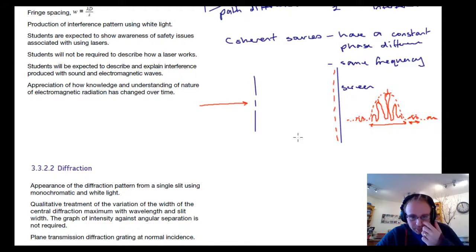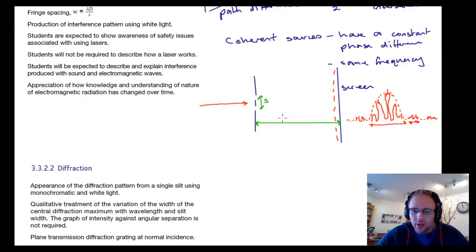So we're using a red laser, and we're shining it at two slits. The slits are separated by a distance we're going to call S. There's a distance between the slits and the screen, which we're going to call D. And then, since these are evenly spaced, the dark fringes are evenly spaced, the bright fringes are evenly spaced.